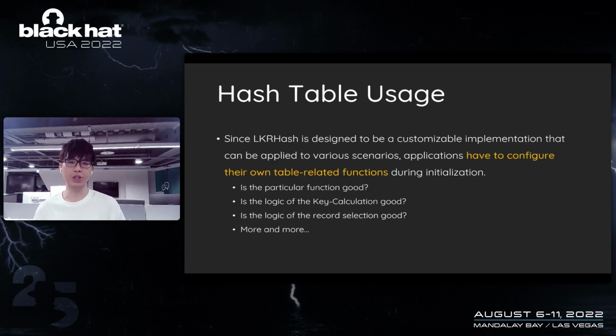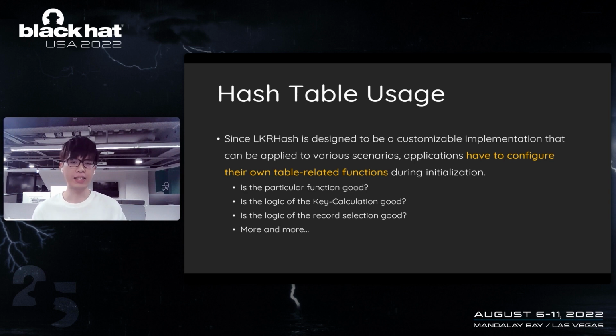As for the usage, we mentioned that the LKR hash is designed to be a portable, flexible, and easy-to-use algorithm that can be applied to any situation. The convention requires the application to configure its own table-related functions during initialization. This kind of extensibility gives us more opportunities to uncover bugs.